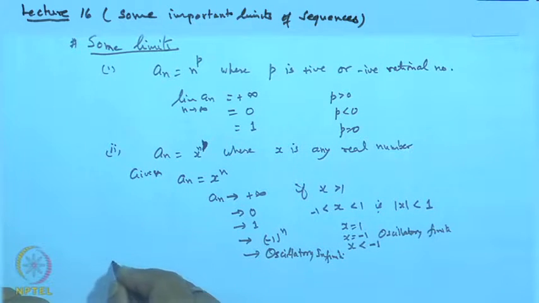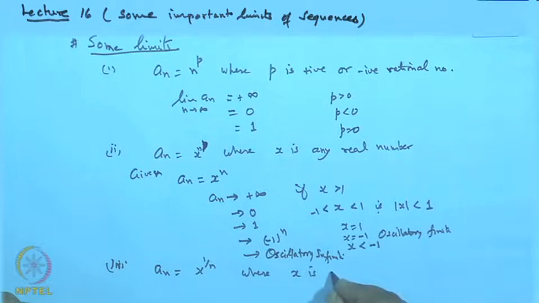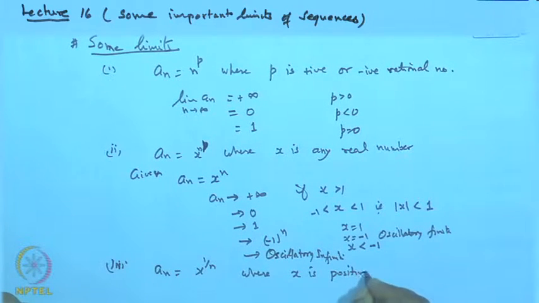Then the third limit: suppose a_n is x to the power 1 by n, where x is positive. Now, when x is positive and n is any integer, when x is greater than 1, each term of the sequence is greater than 1.